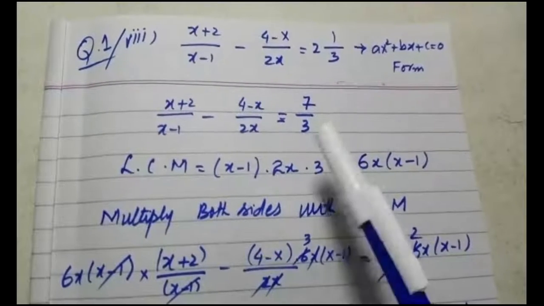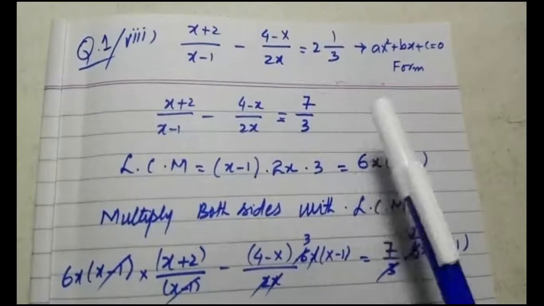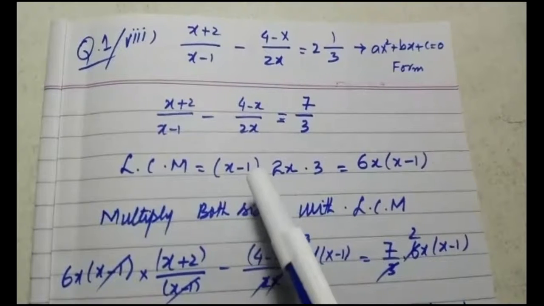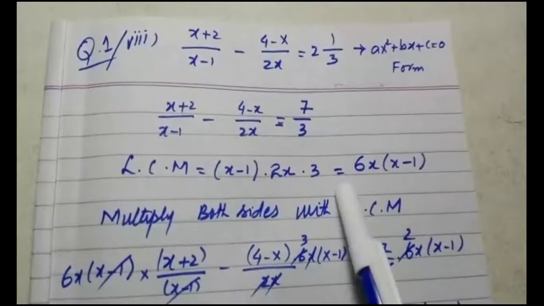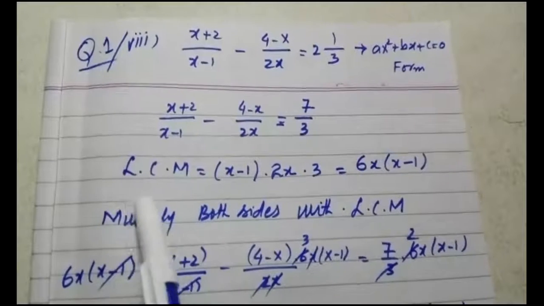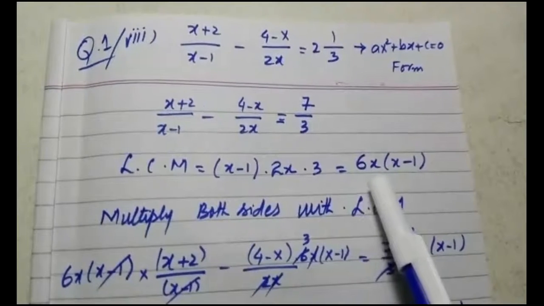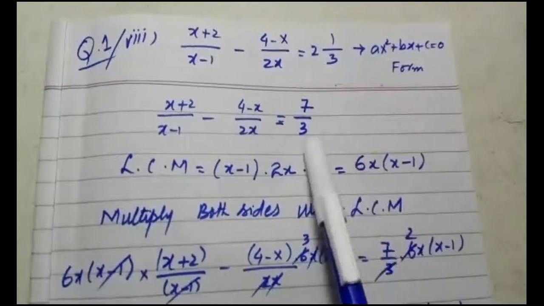For that purpose, we will use a technique you have used in your previous grades, like in grade 9, that you will multiply the LCM with these terms. Fine. So we will see x minus 1, 2x, and 3 as LCM. I have done the steps separately for you, that what will be the LCM. I have highlighted it. It should be 6x times x minus 1, as I have observed the denominators.